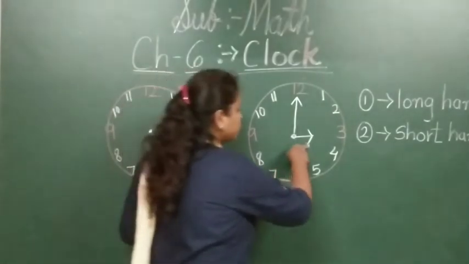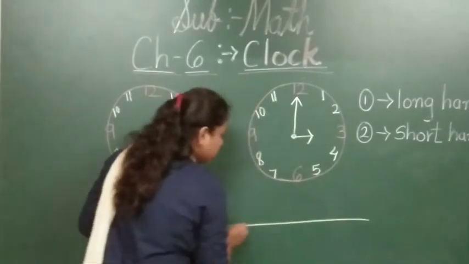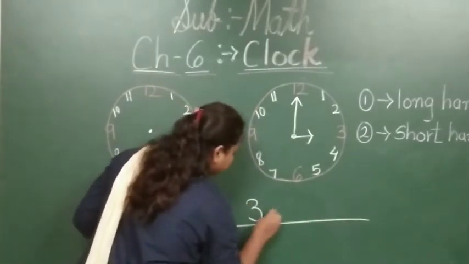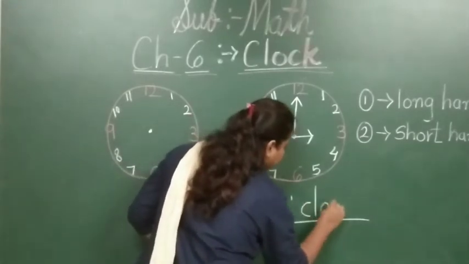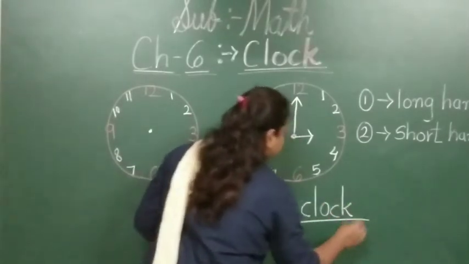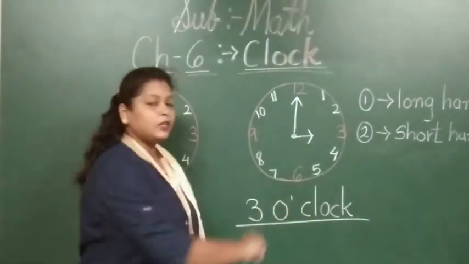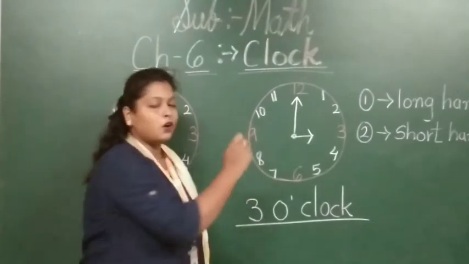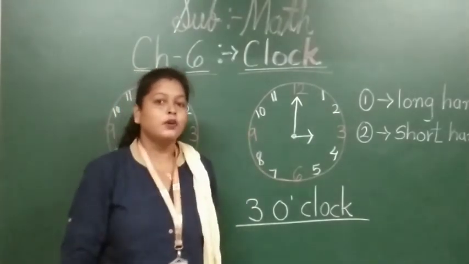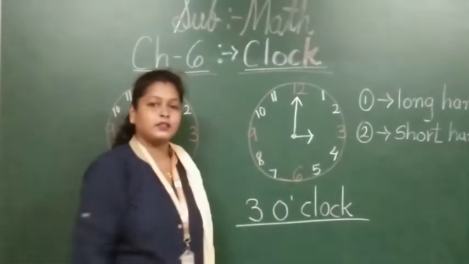So here which time is that? 3 o'clock. So we will write like this: 3, then O, then make a dash, comma like that, and clock. So this is the way you can write a time on the clock. जब आप clock के ऊपर time देखते हो, so this is the way you can write the time.